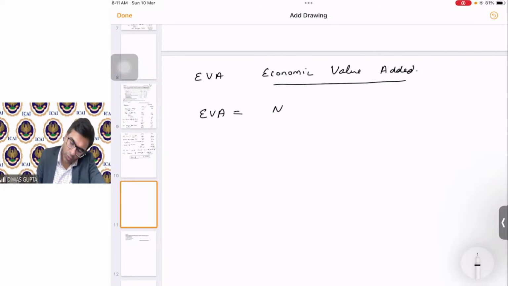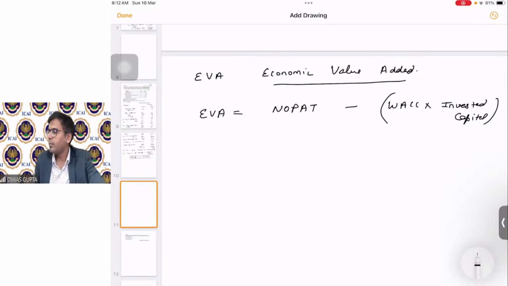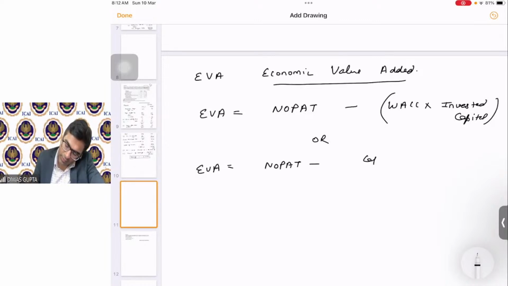EVA is equal to NOPAT minus WACC into invested capital. Or we also call it EVA is equal to NOPAT minus capital charge.